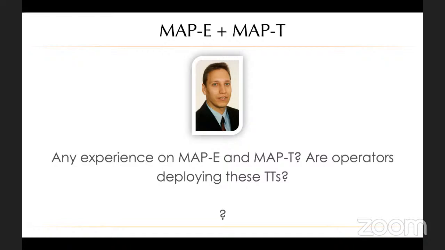Then there was a fight in the IETF because some people were saying MapE was better than MapT, and some people were saying the other way around, okay? And the original idea was to standardize only one of those, MapT or MapE, and at the end, both of them were standardized.